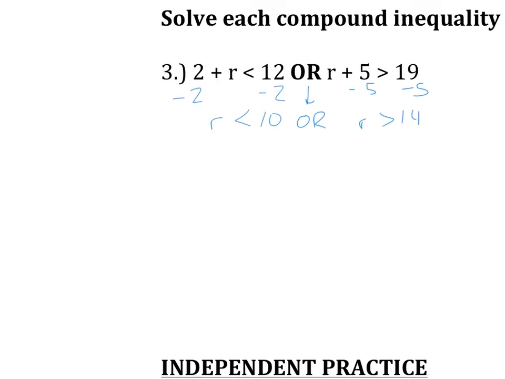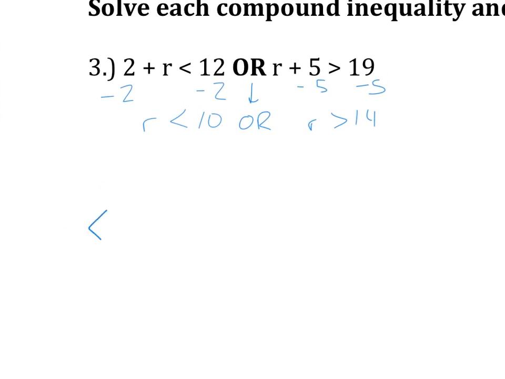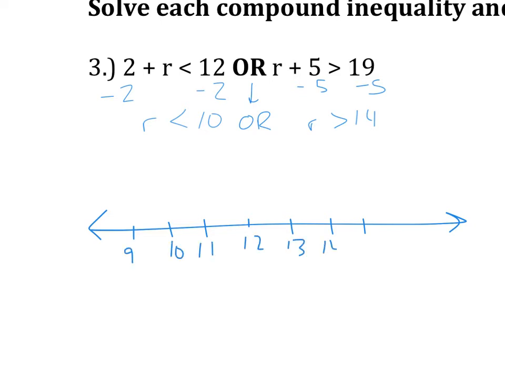To graph this, we have, let's go 9, 10, 11, 12, 13, 14, 15. See why I did in more numbers here in a second. So r is less than 10. That means it's an open dot, and everything less than 10 is included. Or r could be greater than 14.